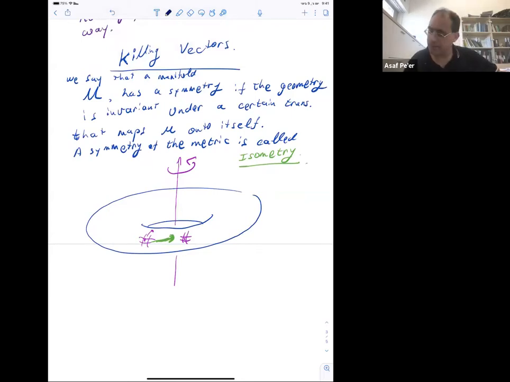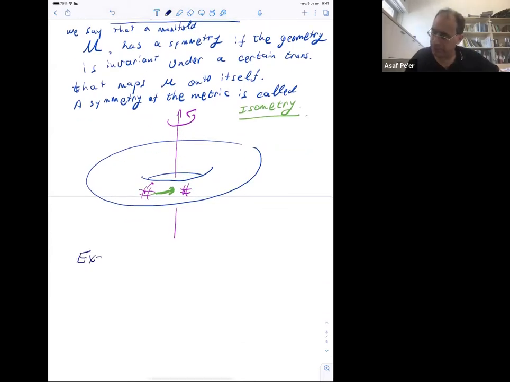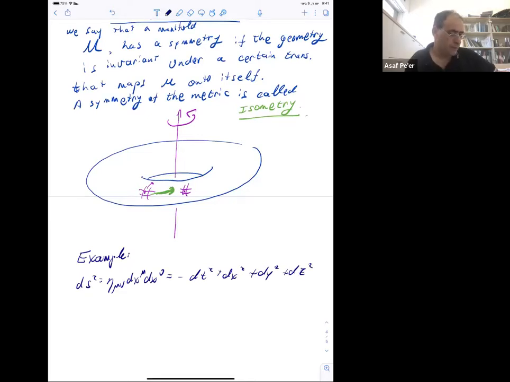Now, the simple example, I'll give you another example towards the end. Look at Minkowski space, ds squared equals eta mu nu dx mu dx nu, just minus dt squared plus dx squared plus dy squared plus dz squared. So there are several isometries of this space.